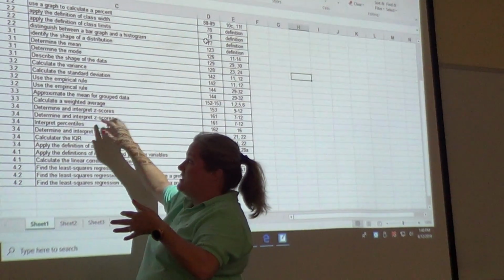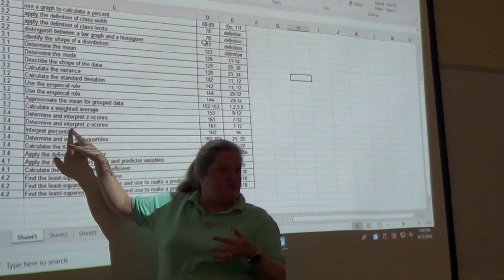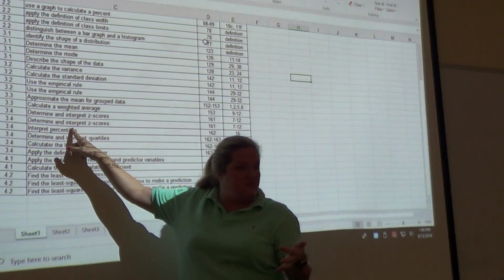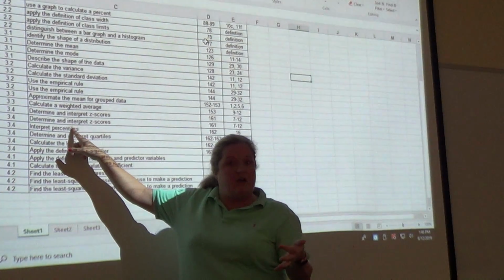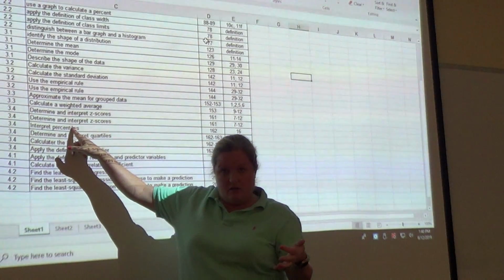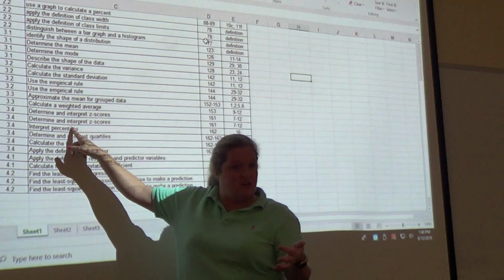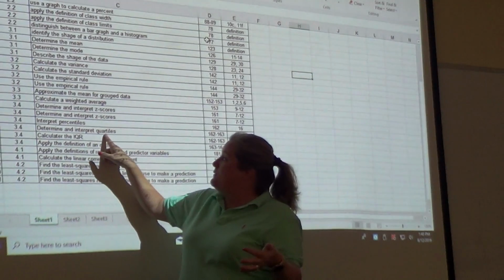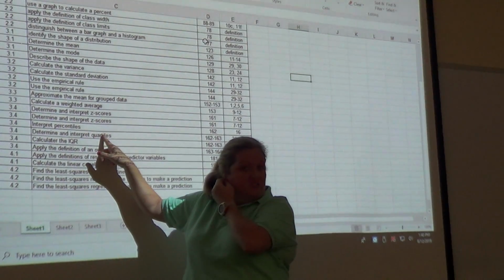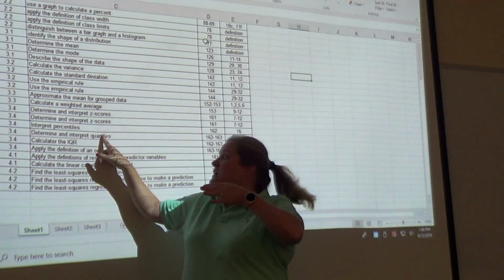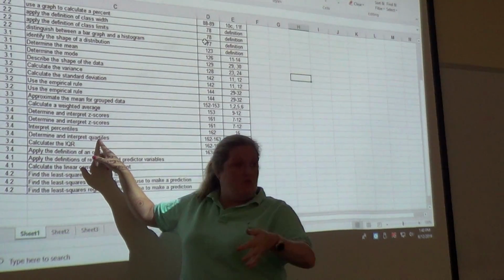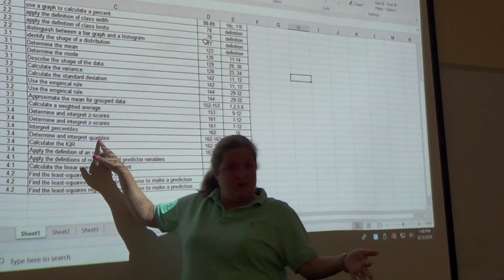You have 2 of those. Interpret percentiles. My child's head was in the 75th percentile. How many people had bigger heads than her? 25. How many had smaller heads? 75. Determine and interpret quartiles. If I say find the second quartile or the third quartile, you should be able to do that.